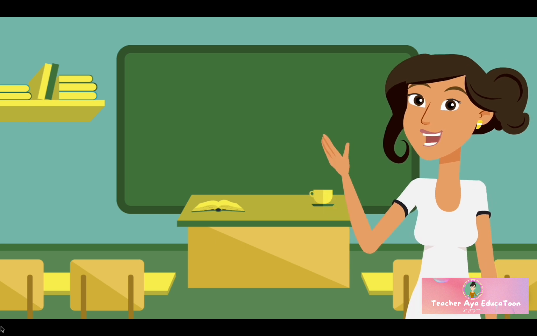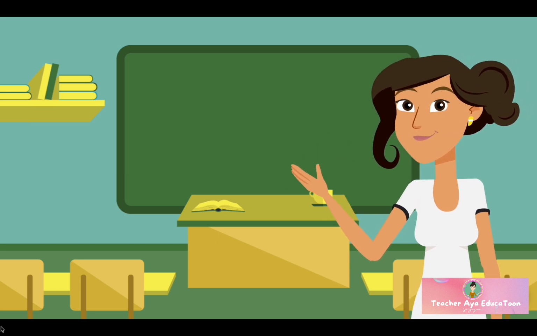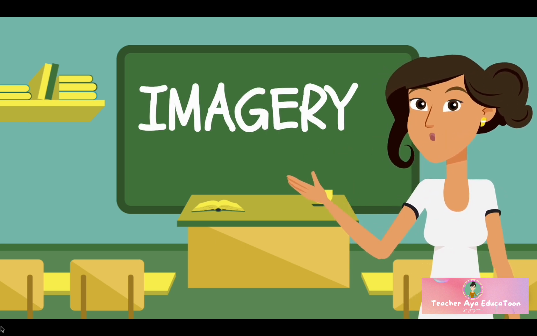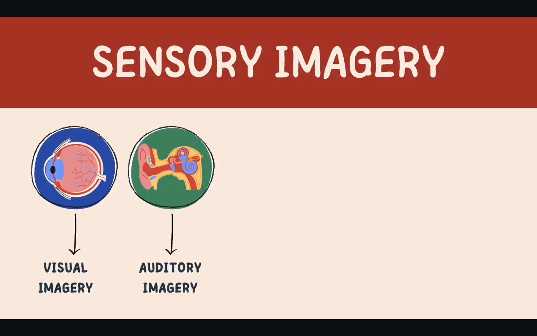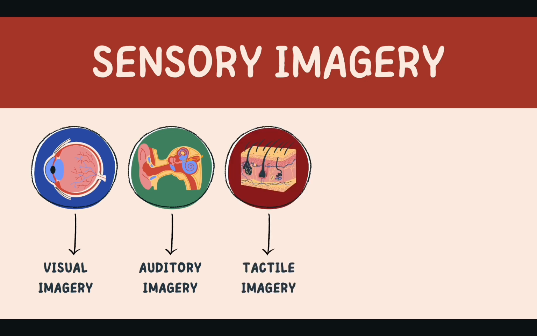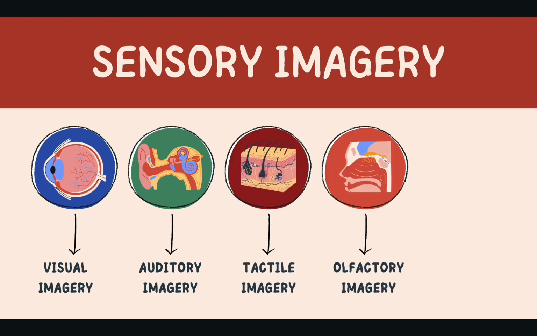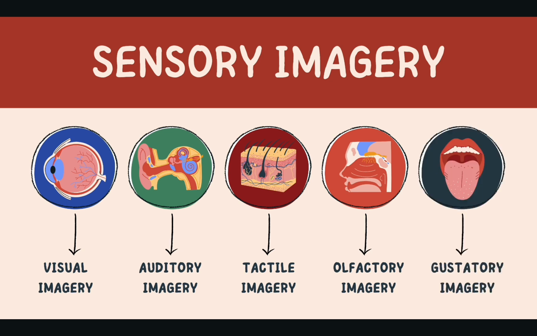It is through one of the basic elements of poetry called imagery. The 5 sensory imagery are visual imagery, auditory imagery, tactile imagery, olfactory imagery, and gustatory imagery.